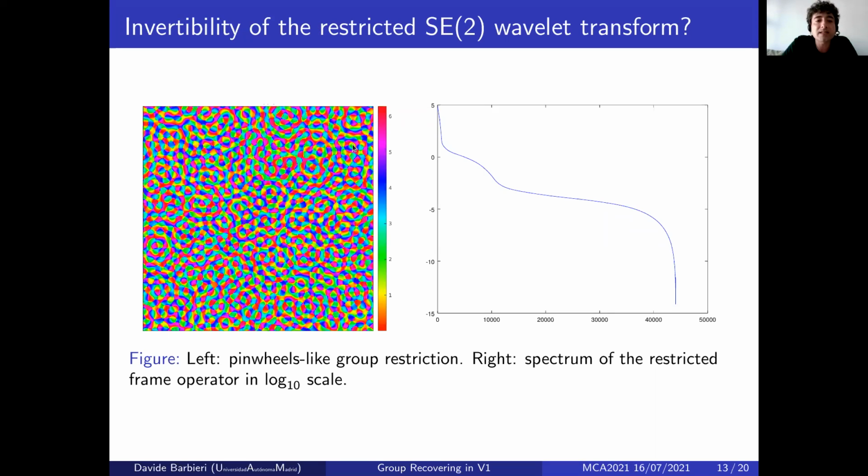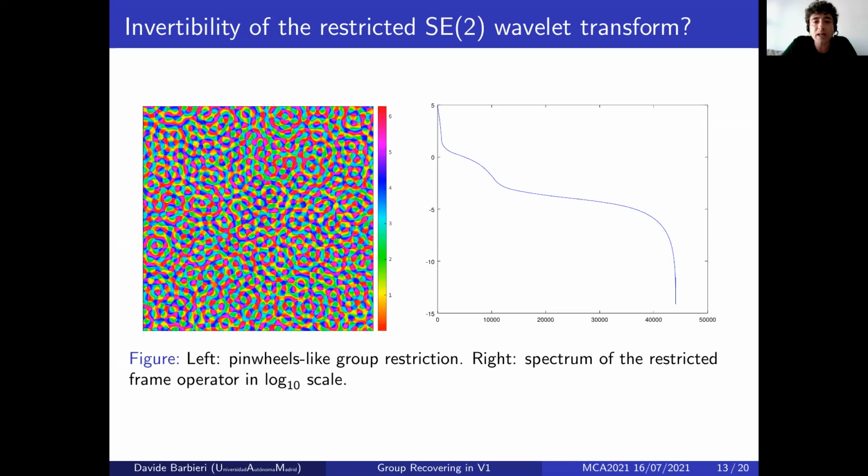Is this able to, I mean, is this injective? For example, can we reconstruct the image starting only from this information? Okay, some simple direct spectral analysis would suggest no. I mean, the spectrum of the restricted frame operator is very badly behaved. Okay, it is of course not invertible, but also ill-conditioned.